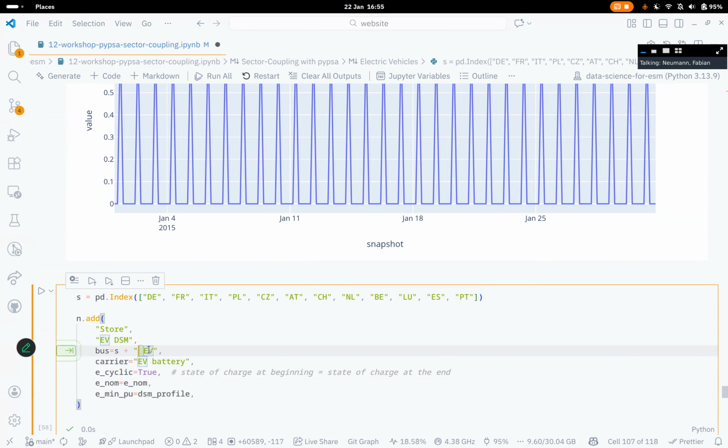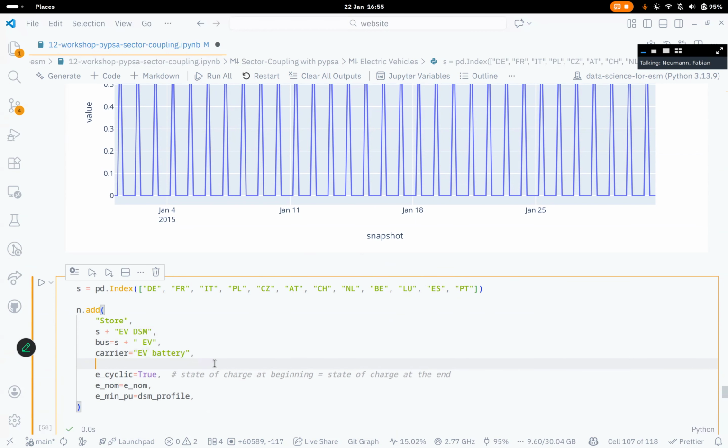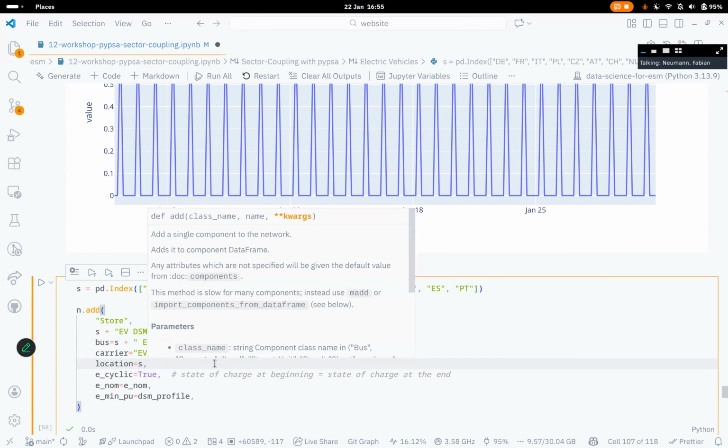All the components that are named after the region have some identifier of the region. The carriers all stay the same so that you can aggregate them later. And what we often have as an additional parameter is the location, so that if we want to cut out one or a subset of the regions, we can filter by that attribute.